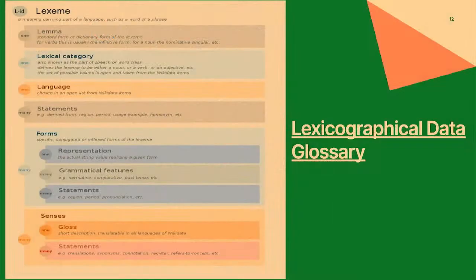A short description or a translation, translatable in all languages of Wikidata. That is the clause. Again, they add statements under the clause, e.g., translations, synonyms, connotation, register, and refers to concept, etc. So that is all about the glossary.